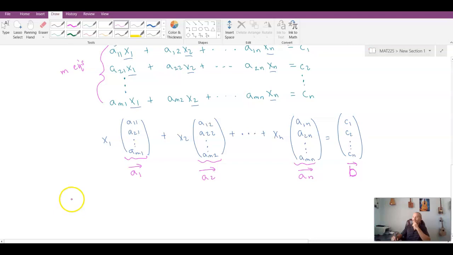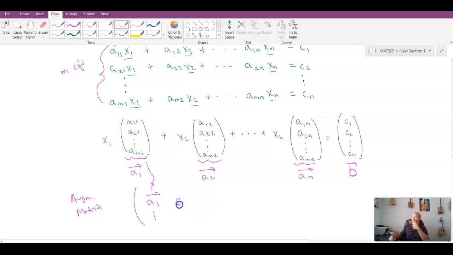So as an augmented matrix, the way we can write this is, of course, we just list all the coefficients of x1, x2, all the way up to xn. But to avoid having to write a lot, really it's just this vector is going to go into the first column of my matrix. So I'm going to write in A1 right there, that entire column, which is going to span up and down, is just going to be the components inside that A1 vector.